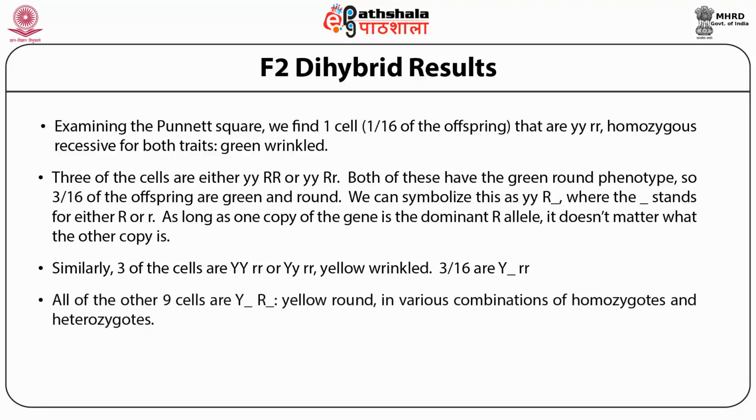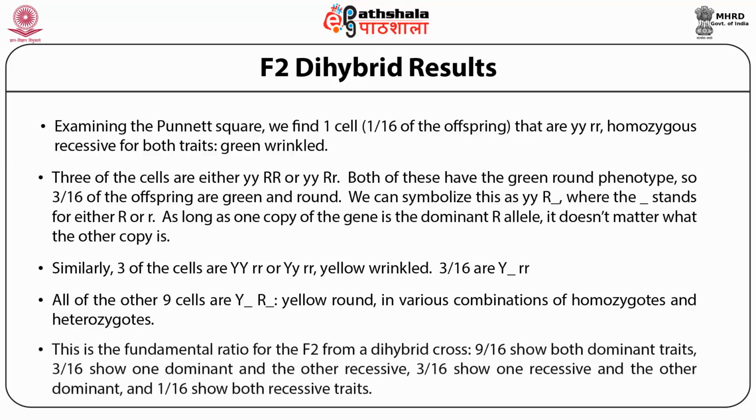All the other 9 cells are capital Y, blank, capital R, blank, which means yellow round in various combinations of homozygotes and heterozygotes. This is the fundamental ratio for the F2 from a dihybrid cross.